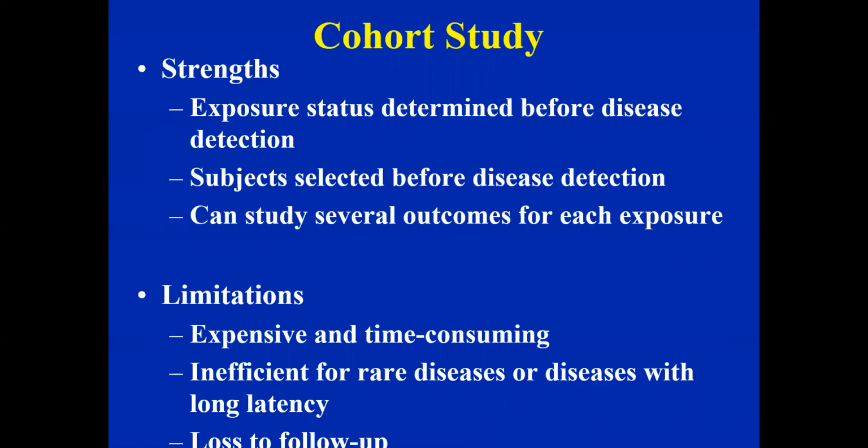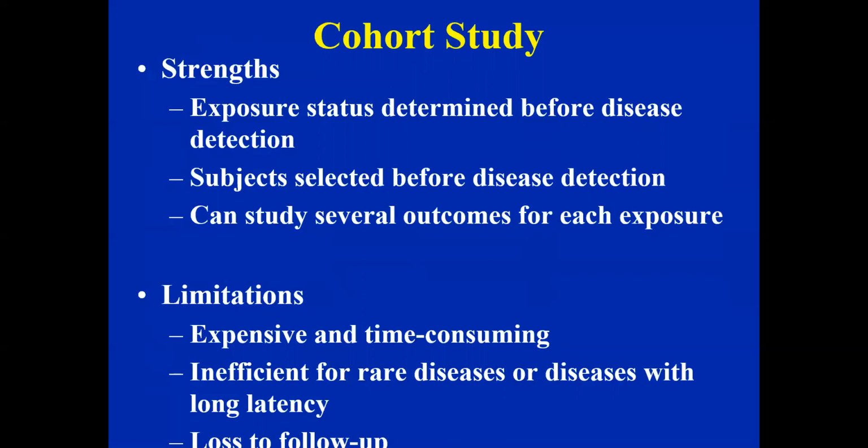Remember, we're starting with exposure, and we expect people from that exposure to develop a disease. If a disease has long latency, it takes time for people to show symptoms and signs, so they become inefficient. Why? Because you continue following up, and you never really see your outcome developing because of the long latency.